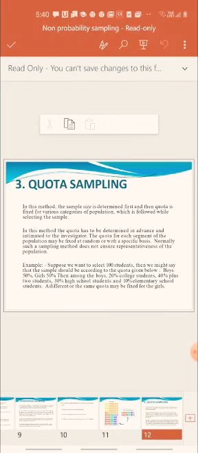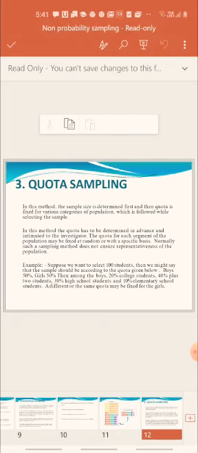Similarly, you can also set the quota like, among the boys, 20% college students, 40% plus 2 students, 30% high school students, 10% elementary school students, anything. A different or the same quota may be fixed for the girls.